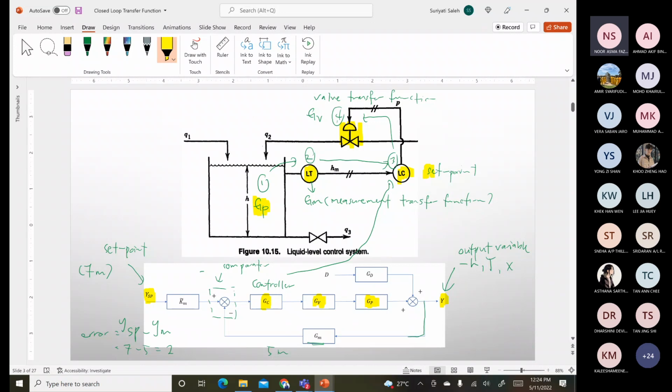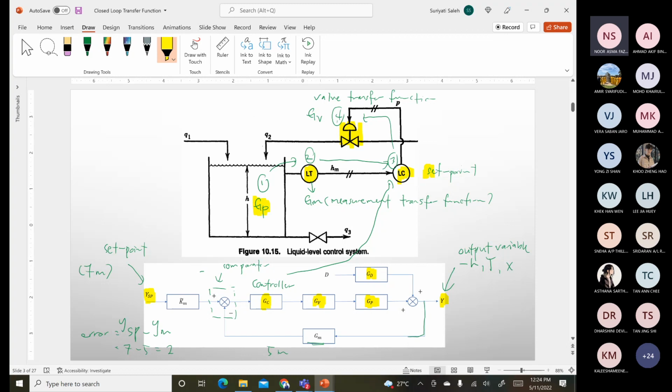And in some cases, if you have the disturbance, then it will be included. It will depend. This is normally obtained from your derivation. When you derive, if you get one transfer function, then you only have the GP.